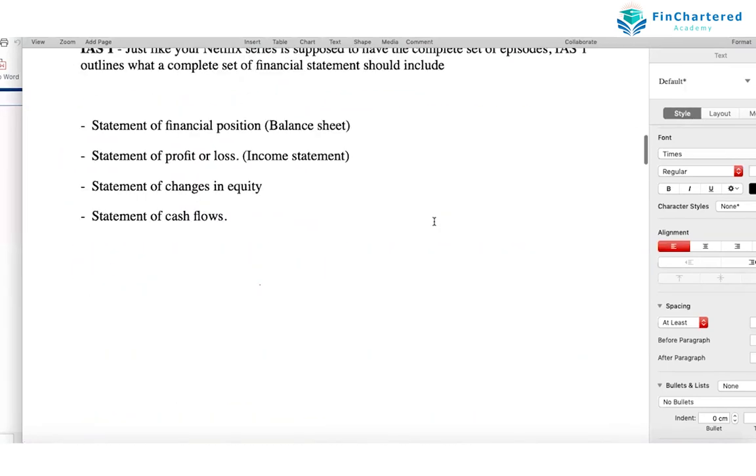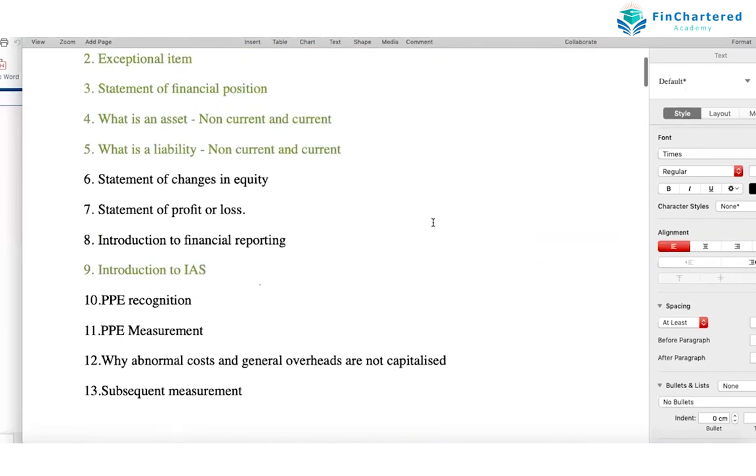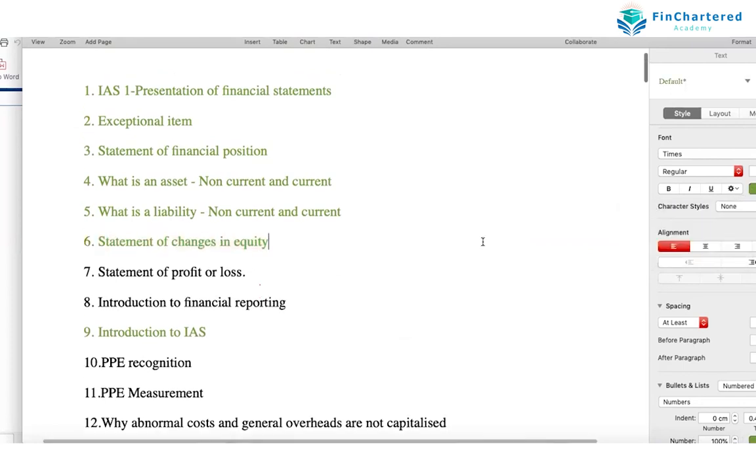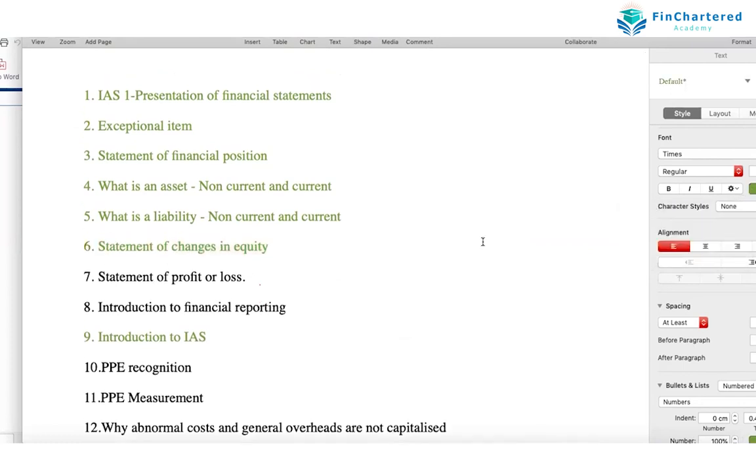Let me go back to the index. So what have we looked at so far? Again, if you people don't mind, I will just quickly summarize what I've looked at so far. IS1 is basically saying what are the things that need to be included in a complete set of financial statements.